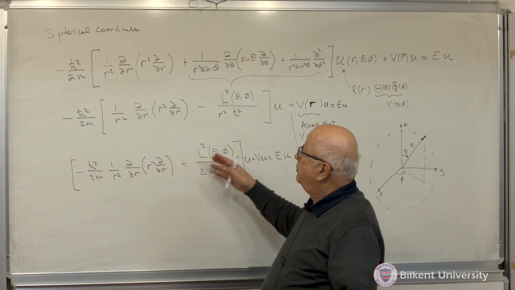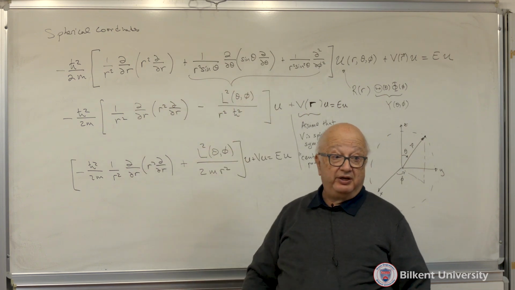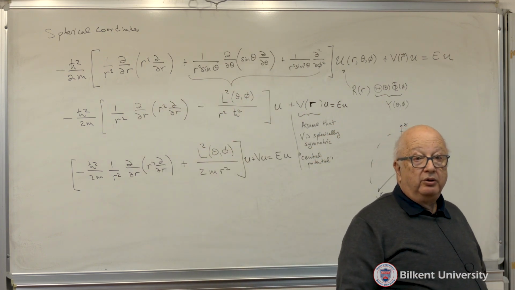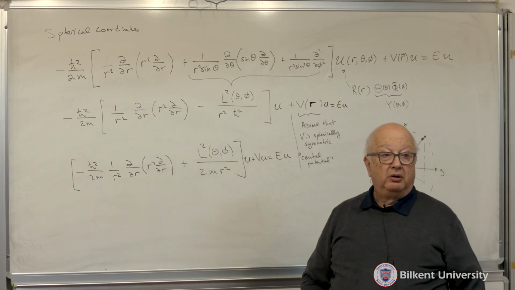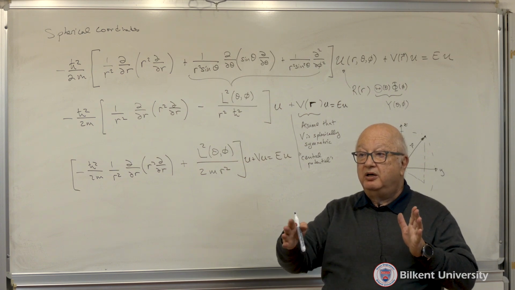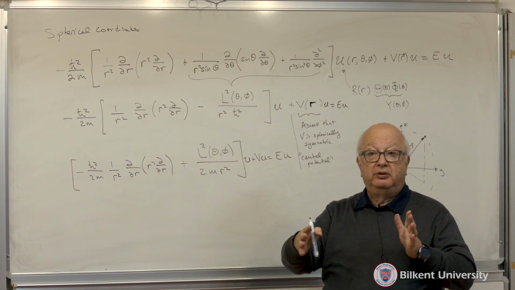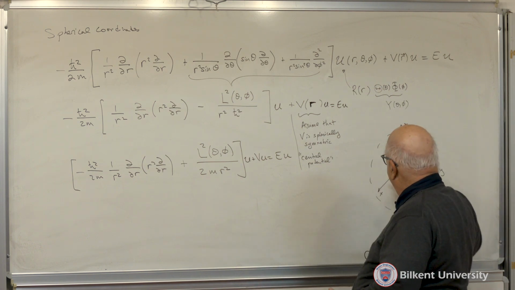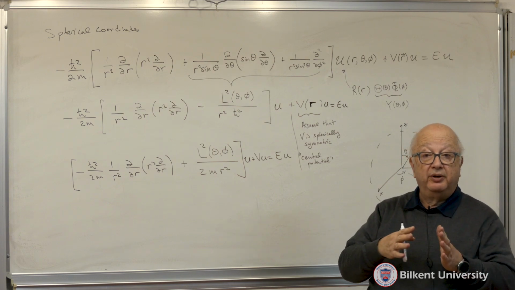So this whole piece, the del squared part, remember, is the kinetic energy. These derivatives with respect to r correspond to something like radial motion, the motion of the particle as it moves away from or into the center, as r changes.